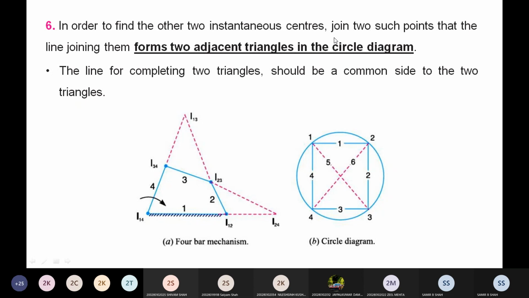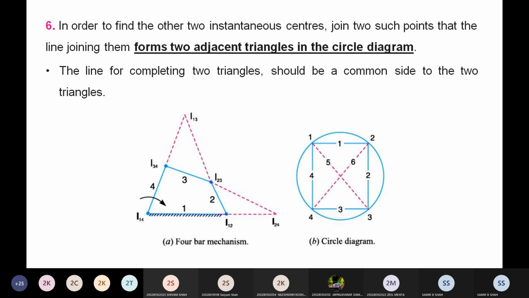For that, join 2 such points that the line joining them forms 2 adjacent triangles in the circle diagram. We have to join like this. With the help of that, the triangles are generated. If we join with the diagonal, then it is very easy to generate the triangles.